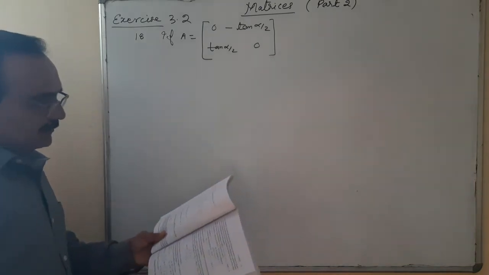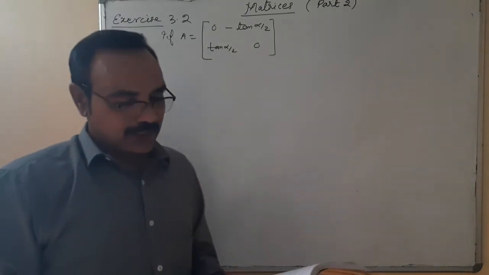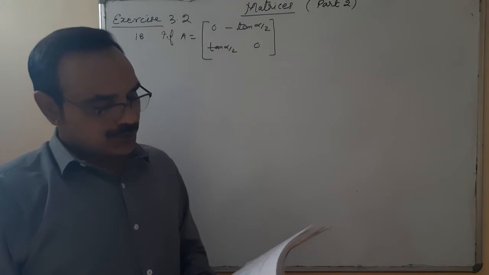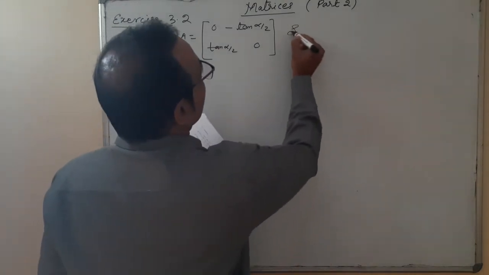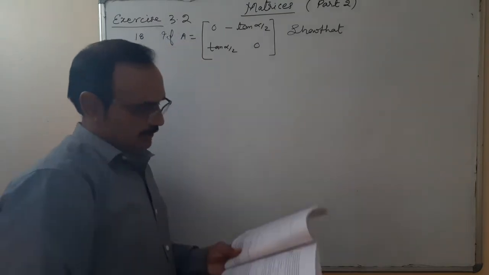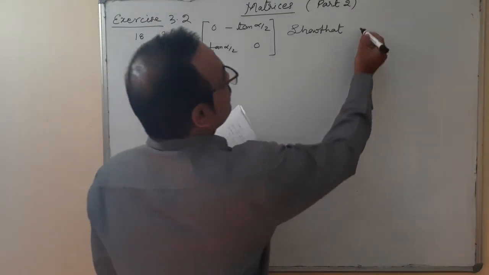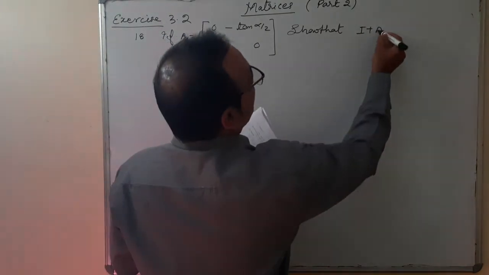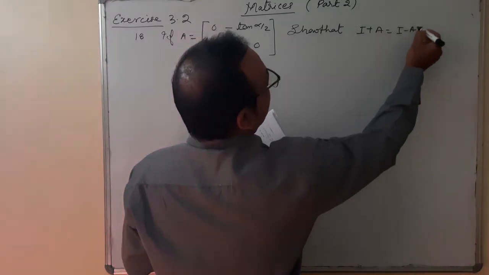The value of A. If I is identity matrix of order 2, show that I plus A is equal to I minus A.